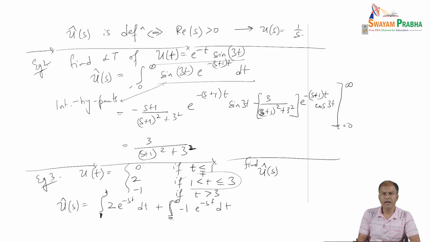For the integration limit between 0 and 1, the u(t) value is 0, so we don't write the integral. We integrate this and find that the answer is the following: minus e to the power minus 3s over s, plus 2 by s times e to the power minus s.